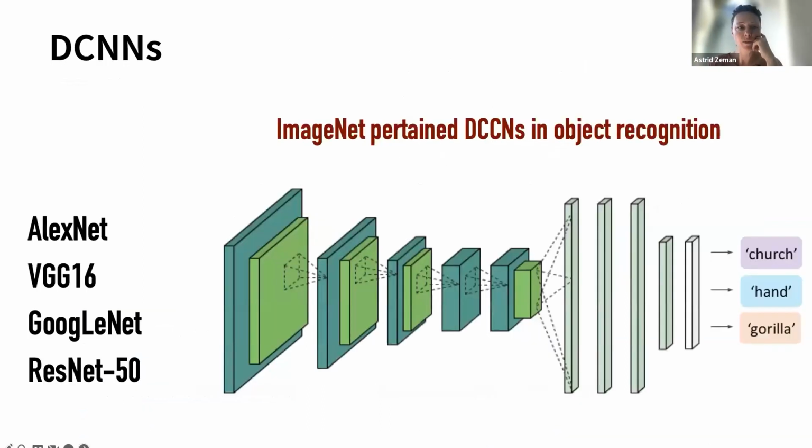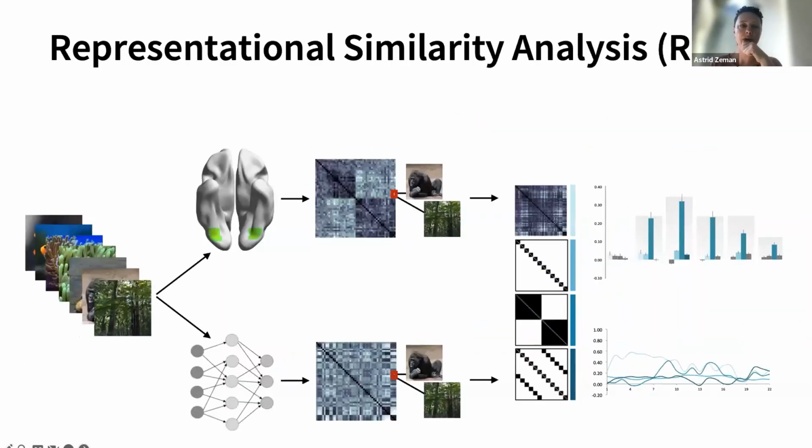Okay. We also included a number of deep neural networks, those that are trained in object recognition, and they differ in terms of the number of layers. We use a technique called representational similarity analysis, which I think some people may have heard of before, to test both brain data and deep neural network data against a number of models.